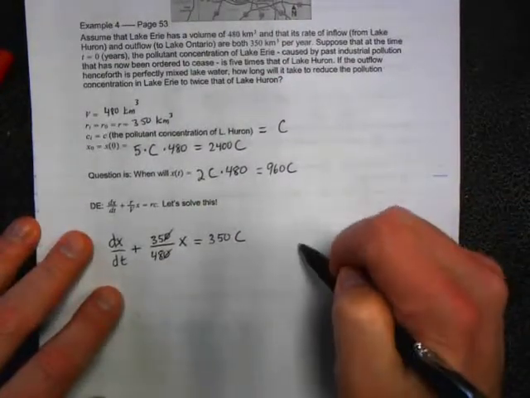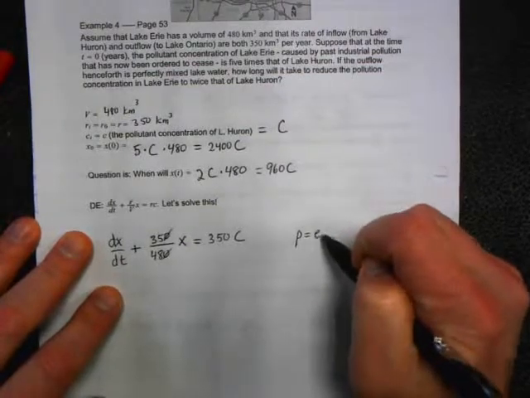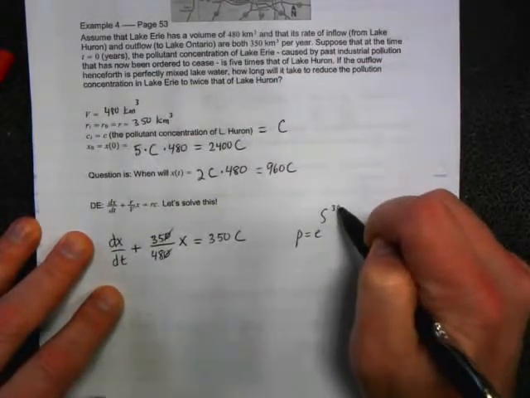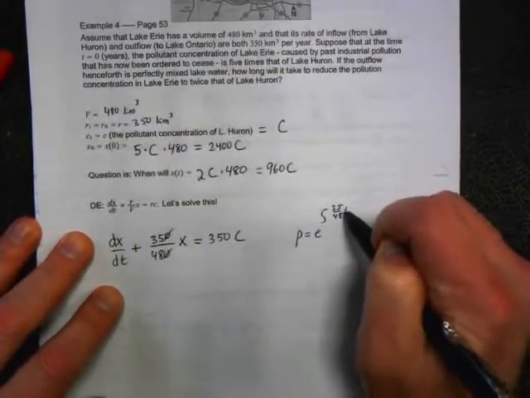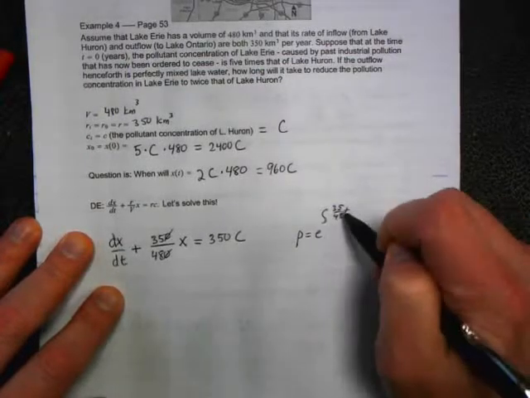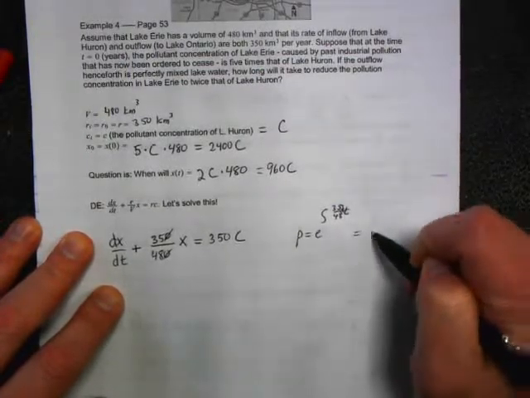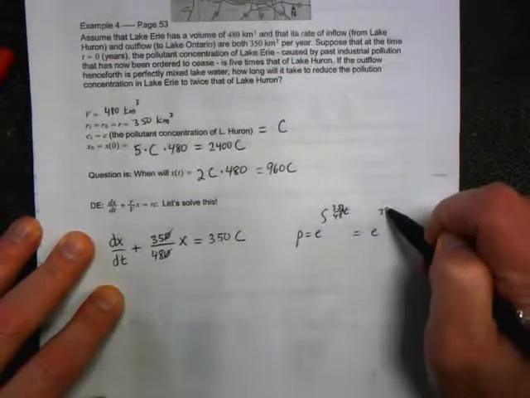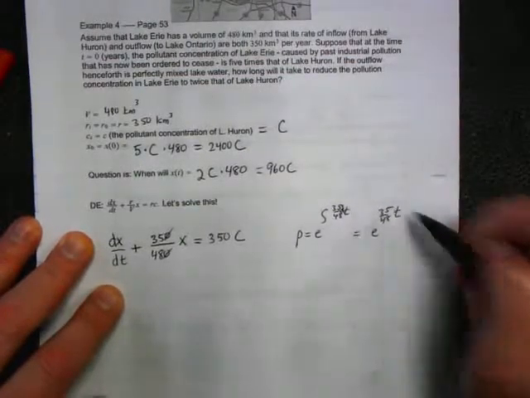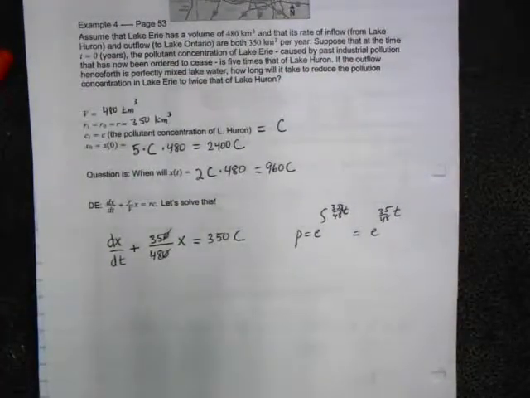So rho is e to the integral 35 over 48 dt. So that's e to the 35 over 48 t. Not much to integrate there. We just have a constant.